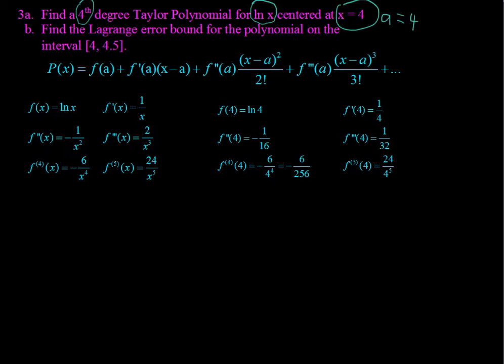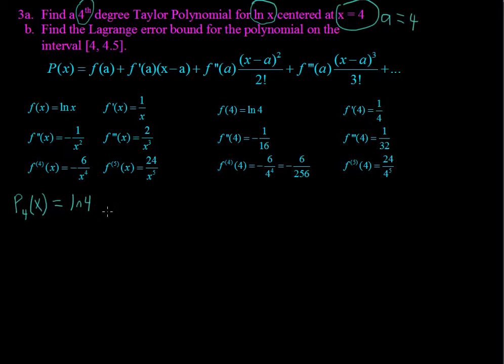So with that, we can actually start building the problem. We're going to just start writing the answer. It's a matter of just writing it out and then simplifying things. So we'll start off, we're doing p4 of x. That just means it's a fourth degree Taylor polynomial. The first term is f of a, which is ln of 4.